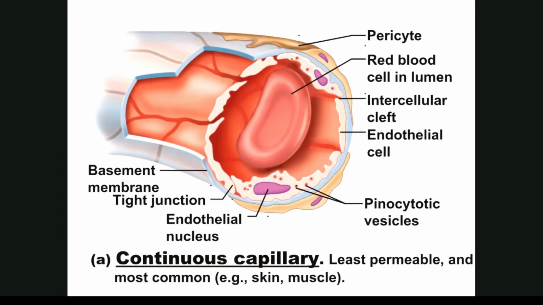And here we have a capillary that's continuous. It has pericytes, which are cells that go around the endothelium, and our endothelial cells, and has a basement membrane here. It's continuous, is not going to leak stuff.